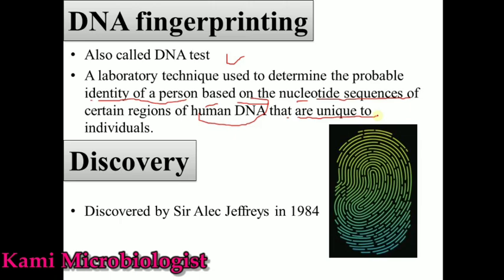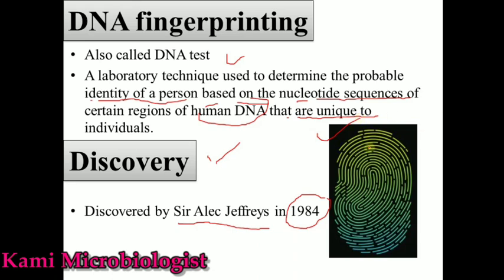This DNA fingerprinting was first proposed by a scientist named Sir Alec Jeffreys in 1984. Let's talk a little bit about this figure. As you are seeing, this figure shows the bends of the fingers. These are the lines that are present in our fingers.